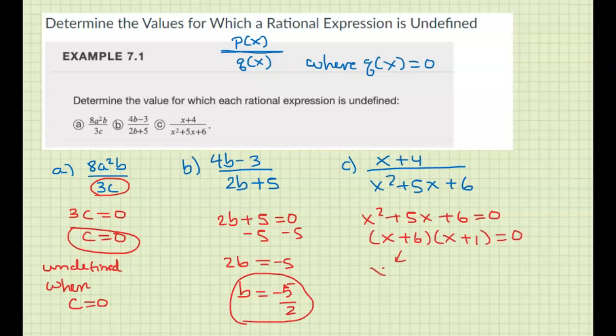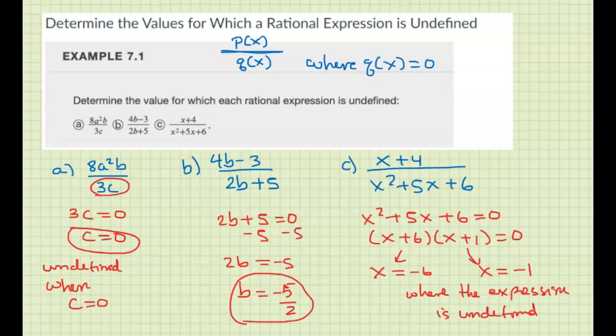And this gives me x equals negative 6 and x equals negative 1. So those are where the expression is undefined. So there are two values where there's a problem.